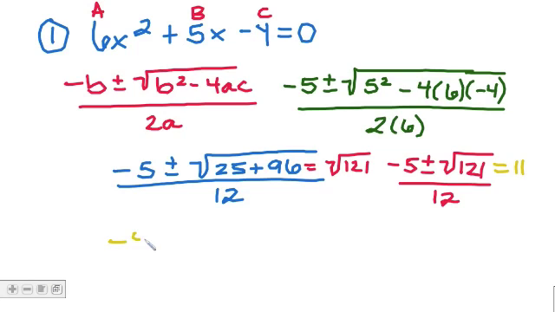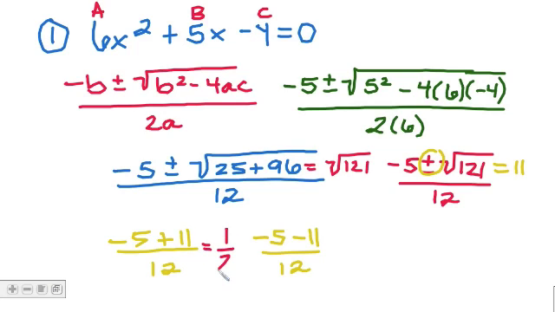So I'm going to have negative 5 plus 11 divided by 12, negative 5 minus 11 divided by 12. And remember, that's because you have to split those two factors and do two different problems. So when we go to solve, you're going to get half as your first answer, and you're going to get negative 4/3 as your second answer, or you could go ahead and make that into a mixed number if you like.